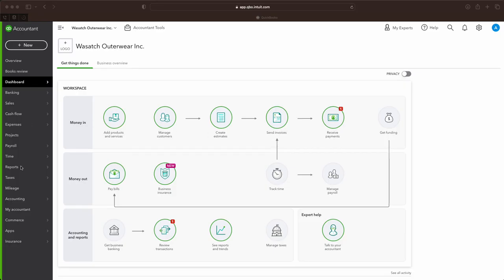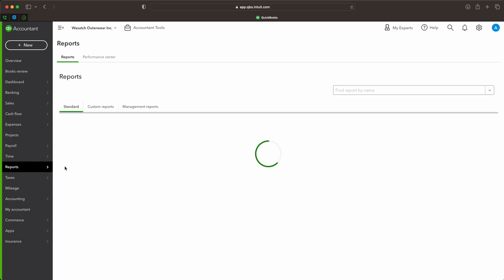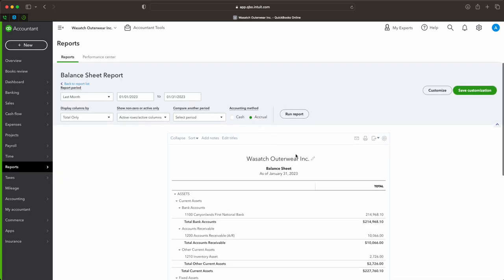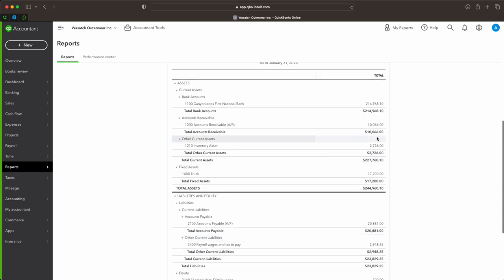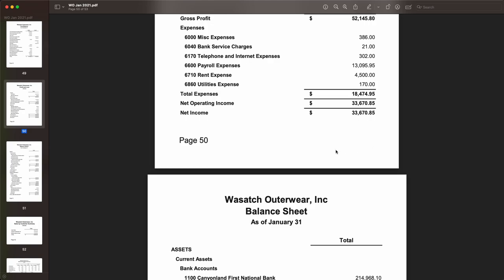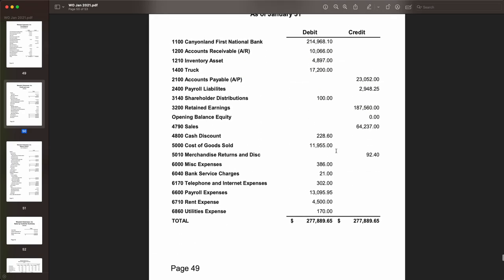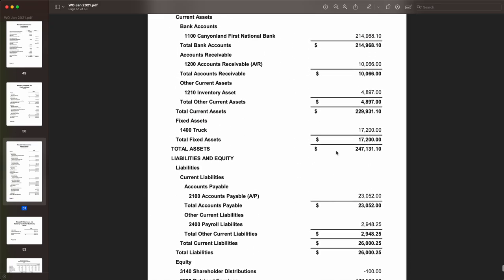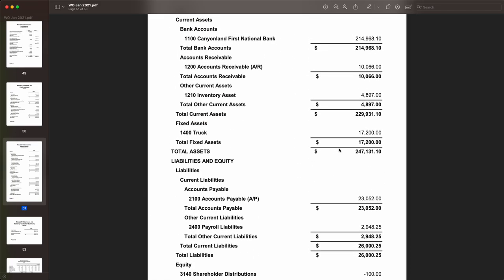And let's see, so your report, if I run it for a balance sheet for January, we have our inventory asset at 2,727 or 726. In here, there's a trial balance sheet right here, 4,897.